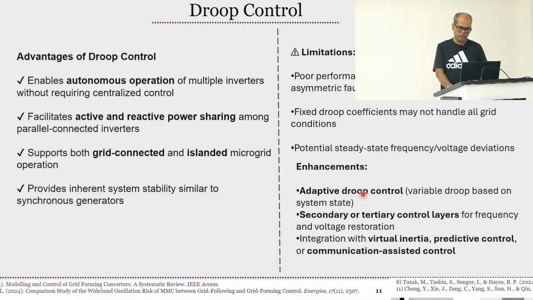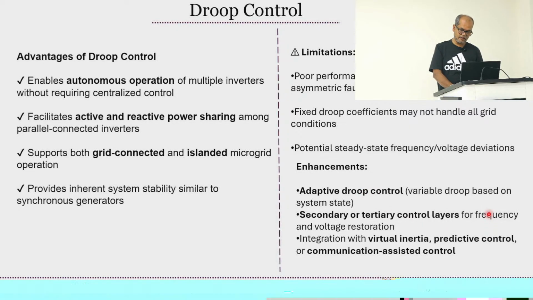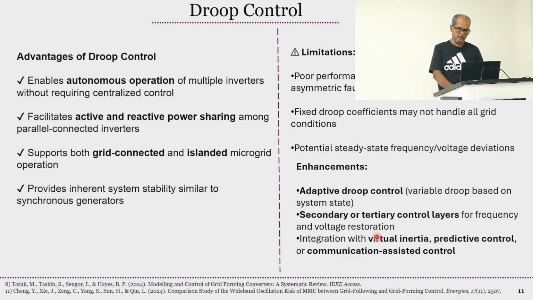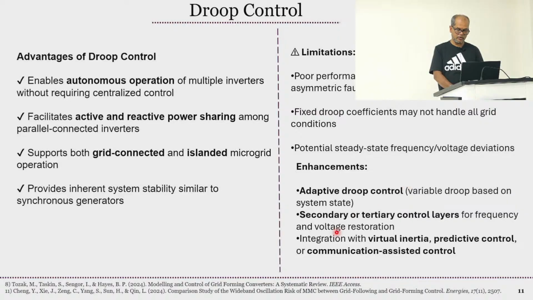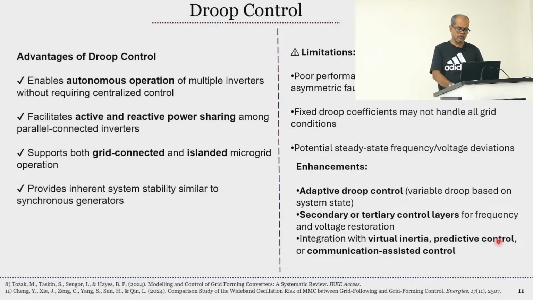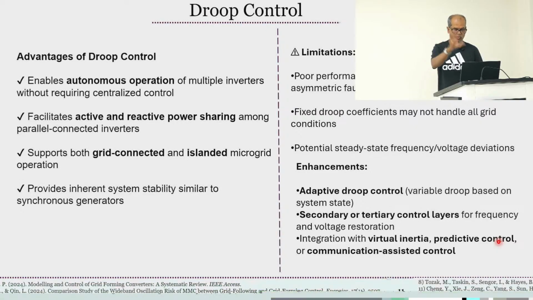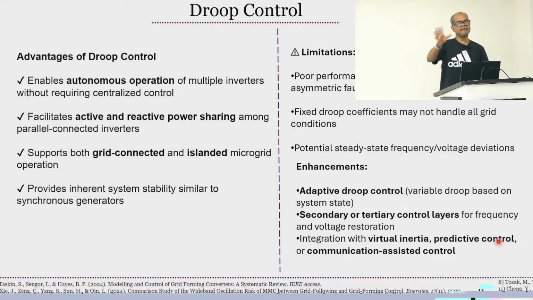Using that secondary control layer, you can restore the voltage and frequency when droop alone fails to do so. You can also integrate with virtual inertia, predictive control, and others, either communication-less or communication-assisted, like centralized, decentralized.